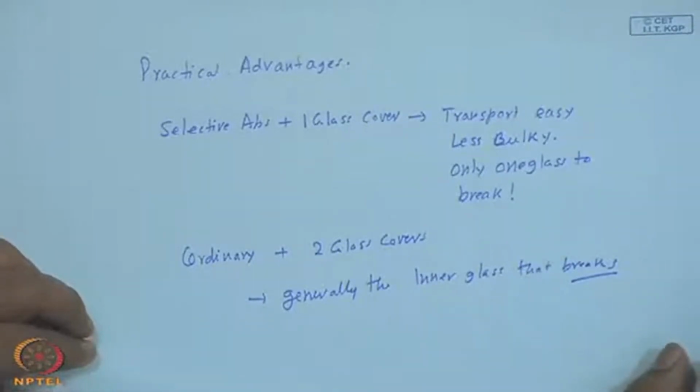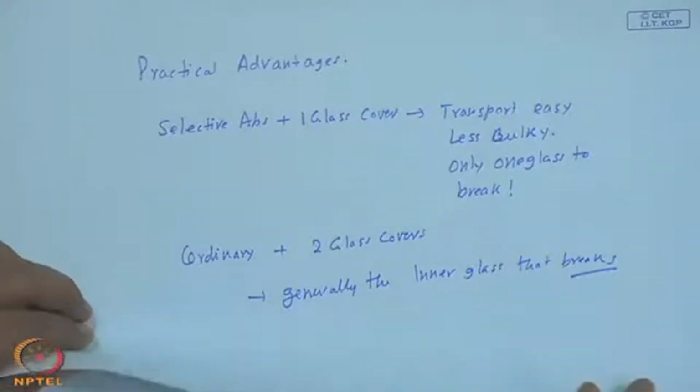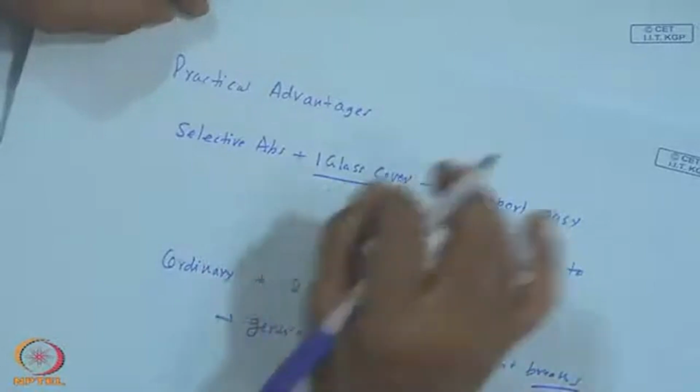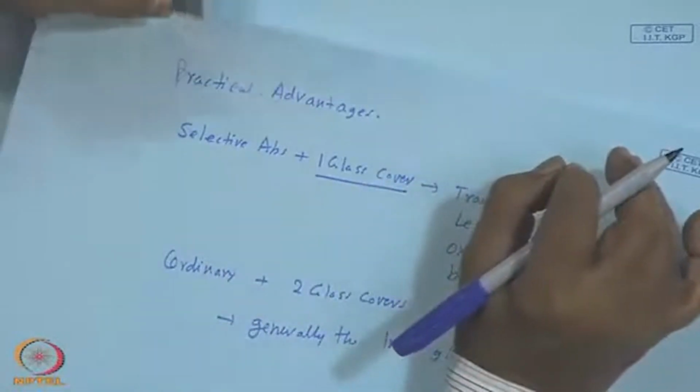And since the inner glass is at a higher temperature, the expansion and contraction will be more, and hence the chances of breaking are more. So, in that process, to replace the inner glass, you have to remove the outer glass also. Consequently, it will be a little more labor intensive, and that removing the outer glass may cause damage to the outer glass again. So, in that sense, a selective surface with one glass cover, if the temperature of operation is right, is likely to be a better choice than two glass covers.